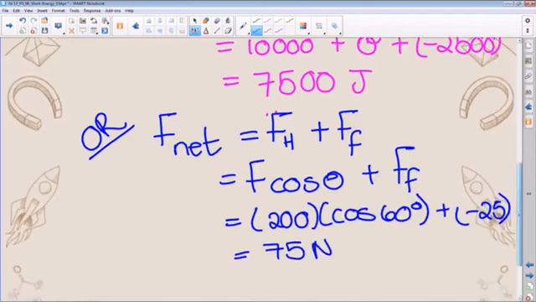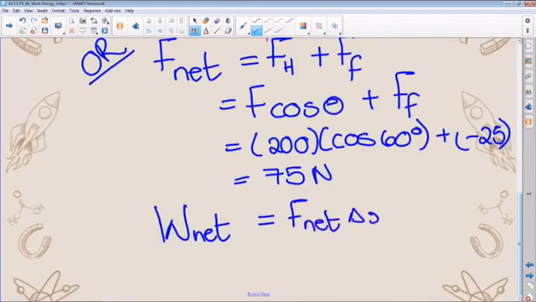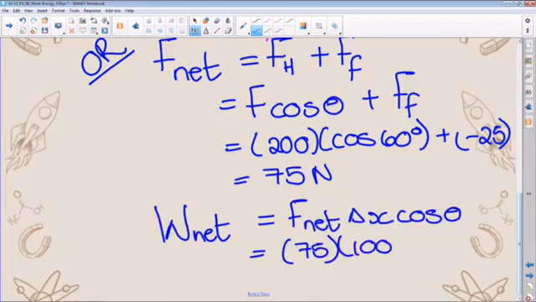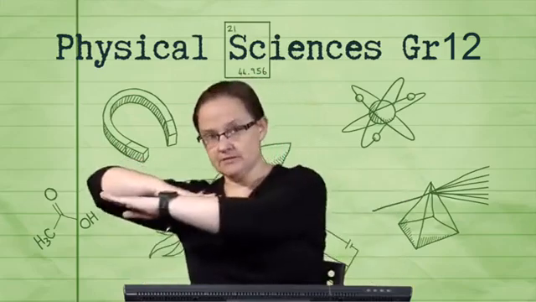But we're not done, because we wanted net work. Net work then becomes net force times delta X times cos theta. My net force was 75. Now we've got to make a decision again. Friction, remember, goes in the opposite direction.